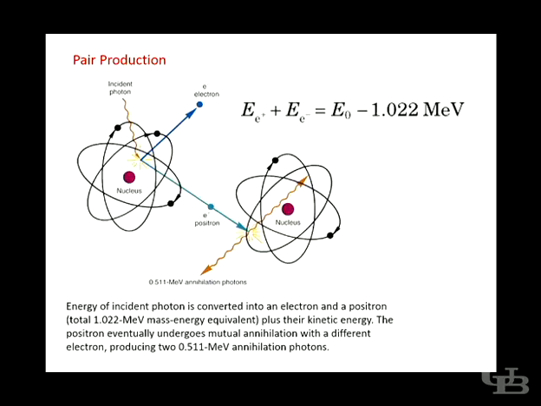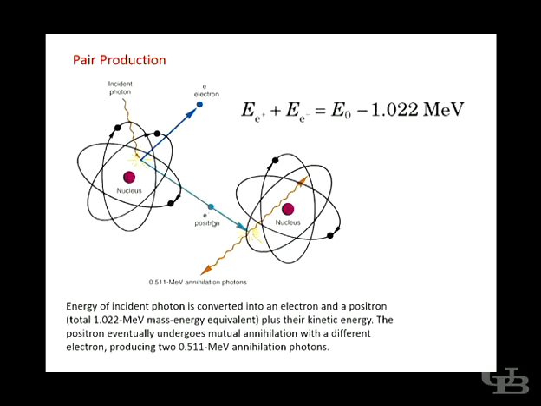So the total photon energy is this, and this 1.022 MeV energy is consumed to become one positron and one electron, and the energy left is given to these two charged particles. Okay, and so this equation describes this part of the diagram.